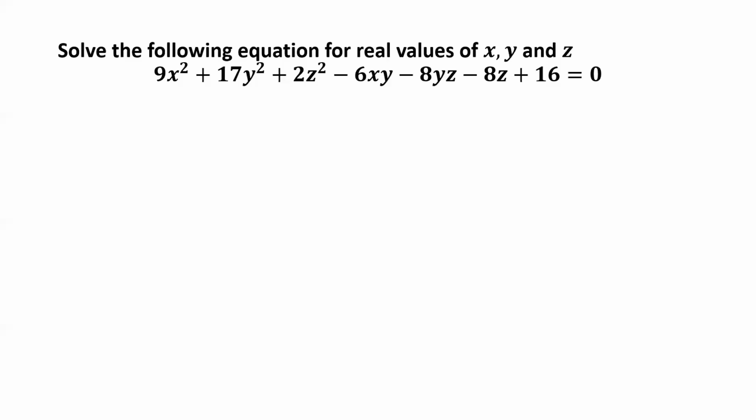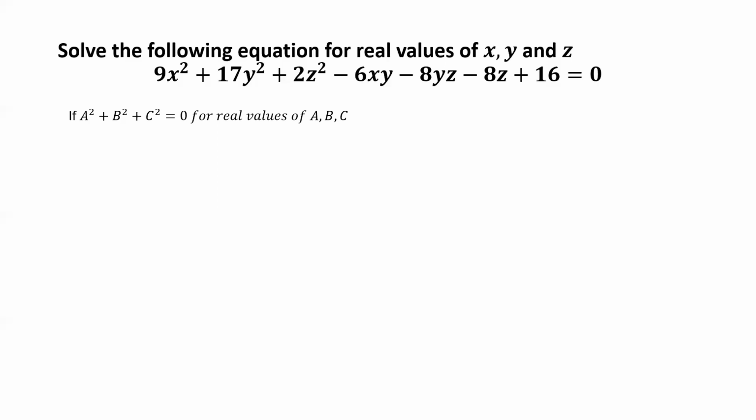That rule is that if the sum of squares of 2 or more quantities, in this case I've just taken three quantities because we have 3 variables, so a square plus b square plus c square is equal to 0 for real values of a, b, and c, and this could actually be n quantities, as long as they're real, and the sum of the squares of those quantities is equal to 0, then each of those quantities individually should be equal to 0.